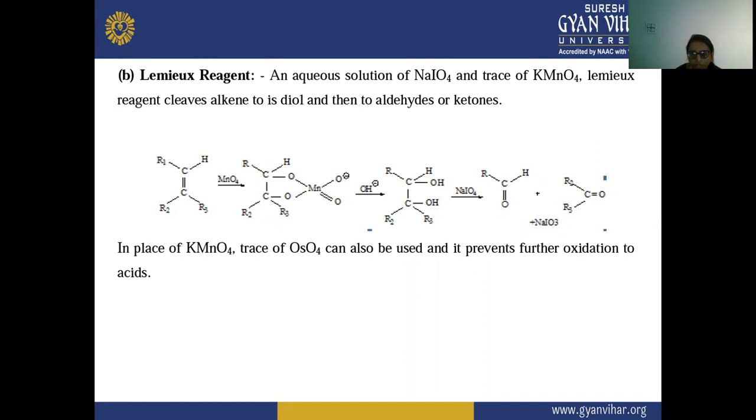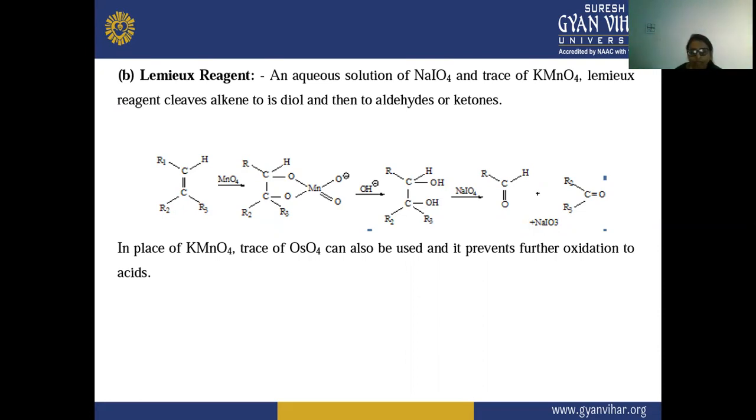Diols are formed here, and this solution is then treated with sodium periodate, and there is a formation of ketones, two molecules of ketones formed here. In place of KMnO4, we can also use traces of OsO4, and it prevents further oxidation to acid.